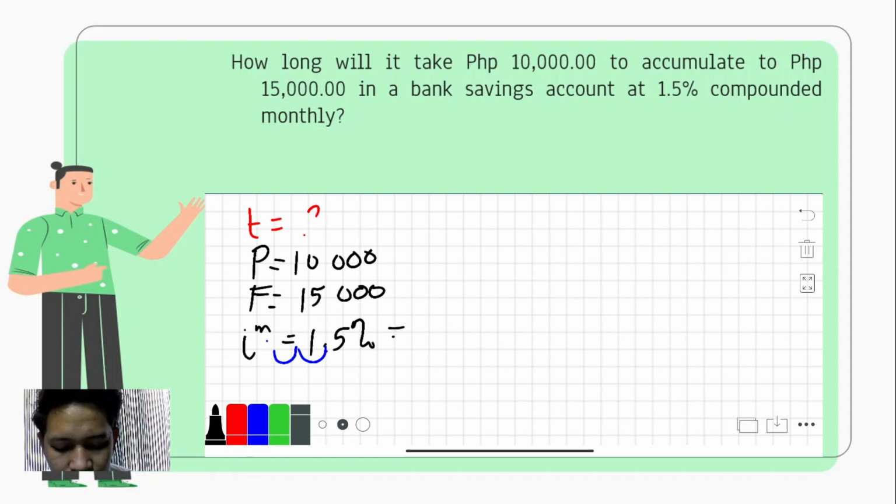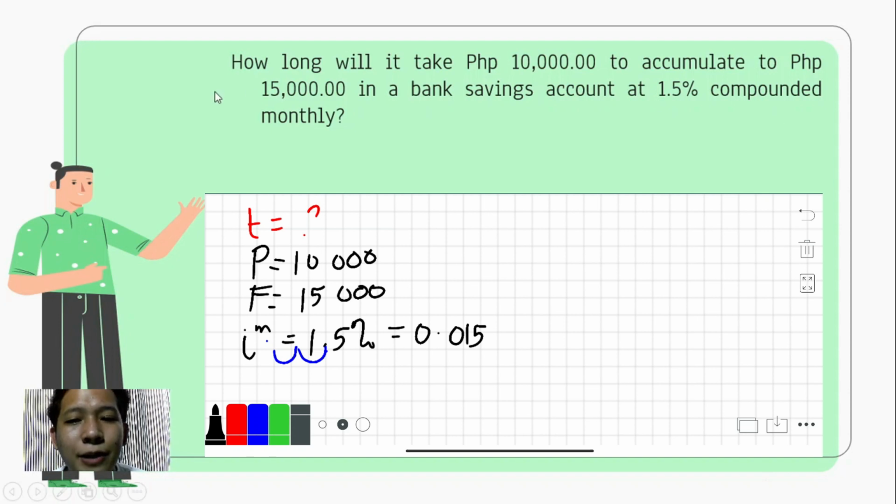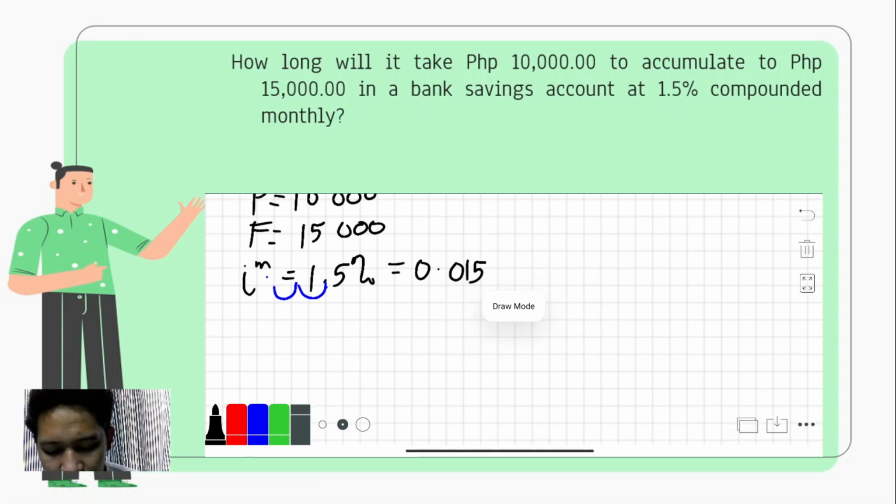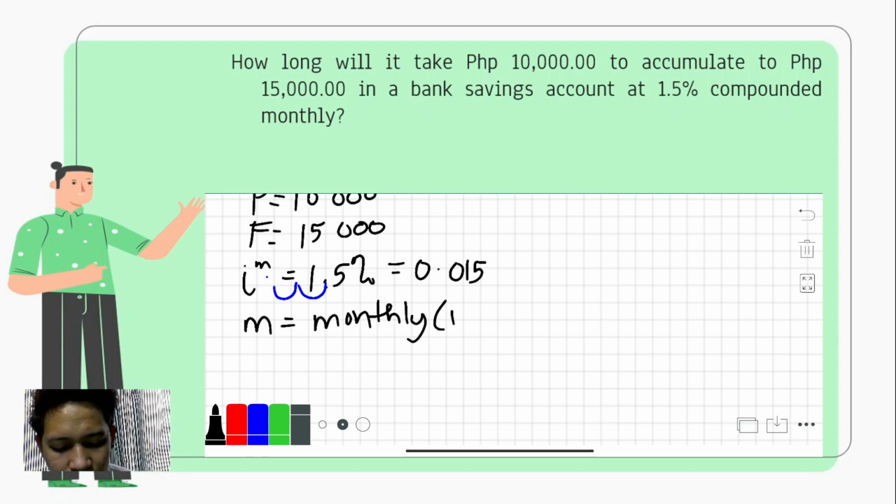Meaning, this is equivalent to 0.015. Which is compounded monthly. Ibig sabihin ng compounded monthly, our frequency of conversion, which is m, is monthly, to which ito ay equal kay 12.